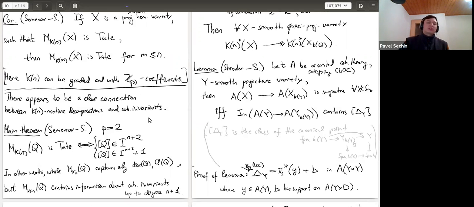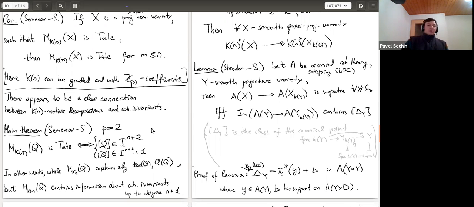And then the theorem says that the nth Morava motive of a quadric is Tate if and only if the class of this quadratic form corresponding to the quadric lies in the (n+2)th power of the fundamental ideal in the Witt ring. That is, if it's an even dimensional quadric, and if it's an odd dimensional quadric, then it has to be of such form.